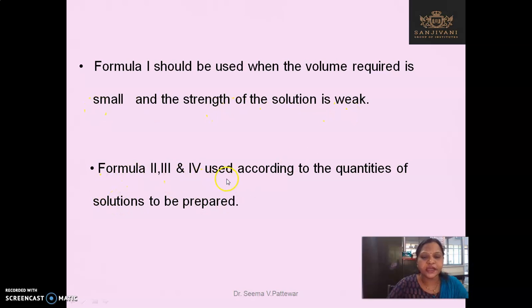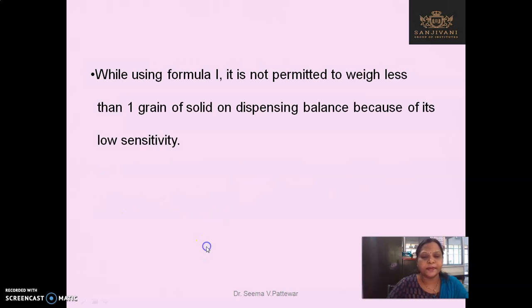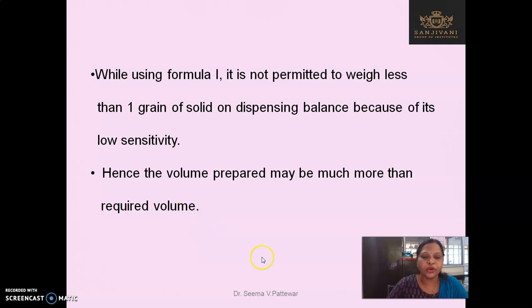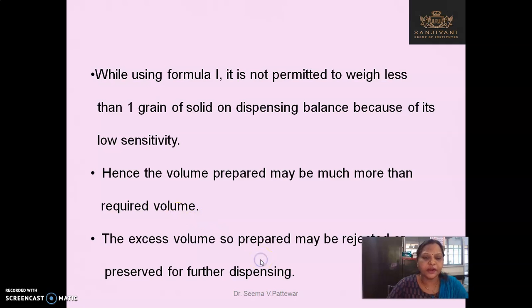Formulas 2, 3 and 4 are used according to the quantity of solution to be prepared. While using formula 1, it is not permitted to weigh less than 1 grain of the solid on the dispensing balance because it is a low sensitivity balance. Hence the volume prepared may be much more than the required volume. The excess volume so prepared may be rejected or preserved for further dispensing.